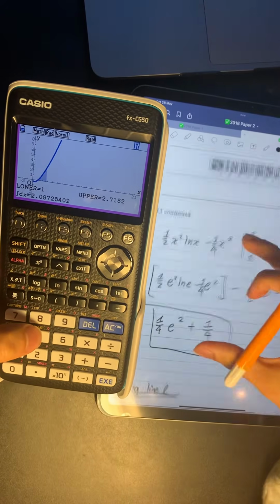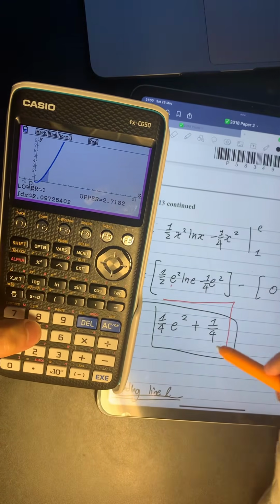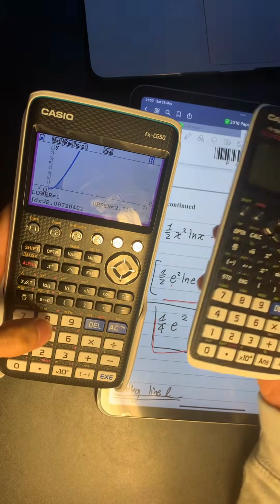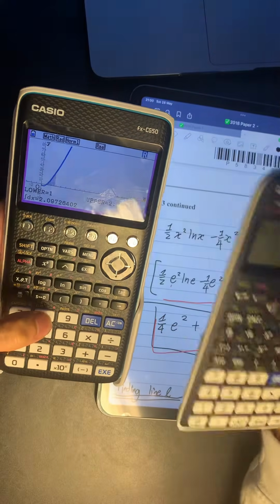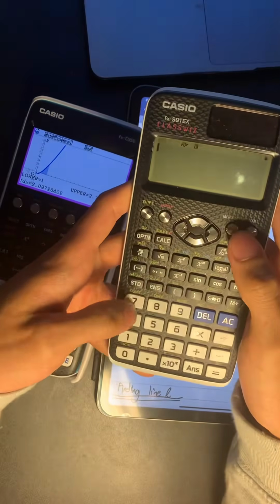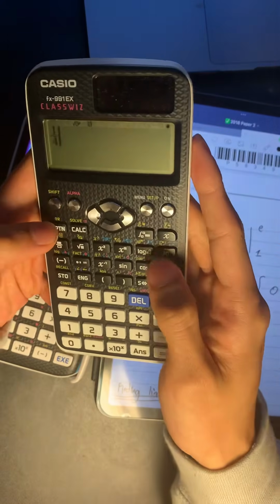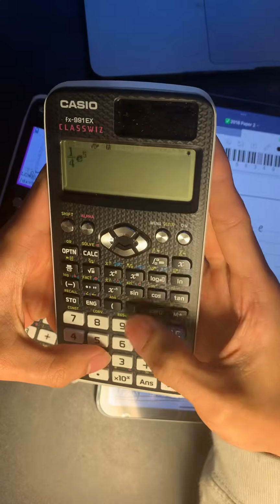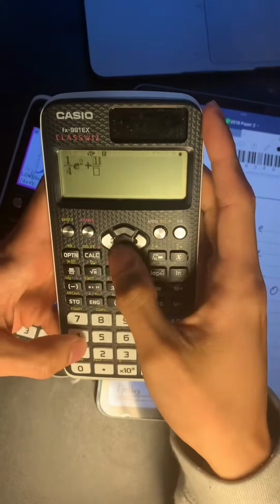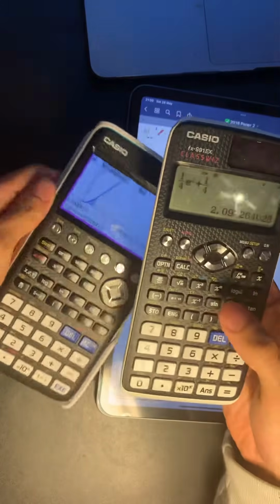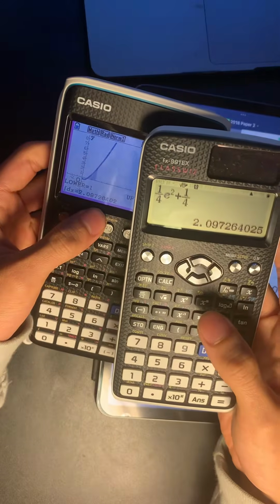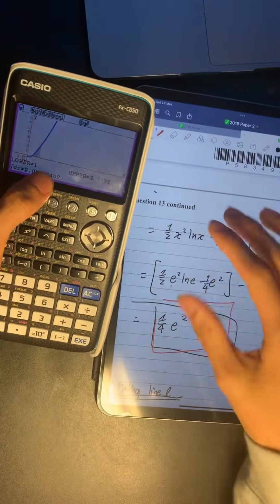But our exact area is 1/4 e squared plus 1/4. So we could use the calculator workflow, put in 1/4 e squared plus 1/4, compare the value, and it's exactly the same. So we know we got the area correct.